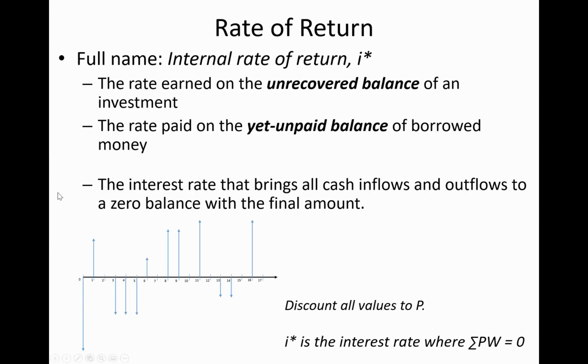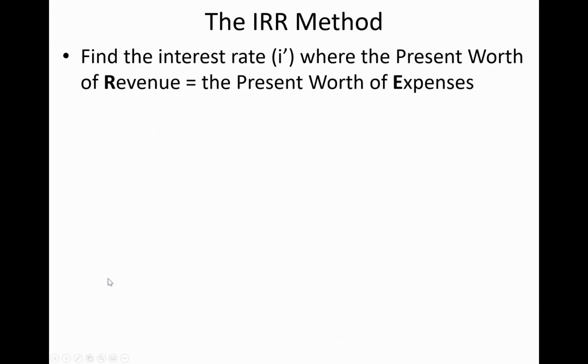So what we would do to calculate the internal rate of return if we had some cash flow diagram is we would either iteratively or using Solver, or goal seek is another one, try to find out what interest rate brings the present worth of all of these future amounts equal to zero.